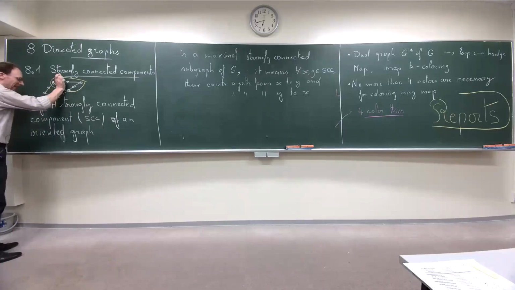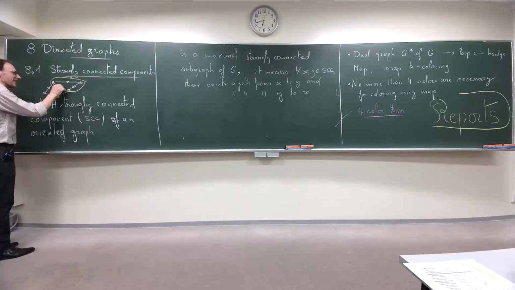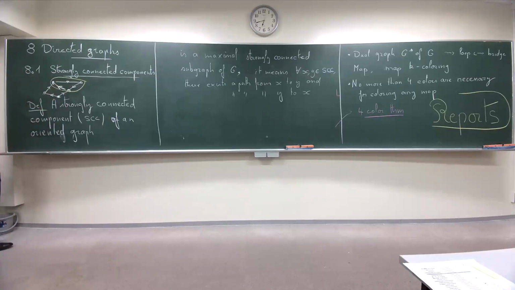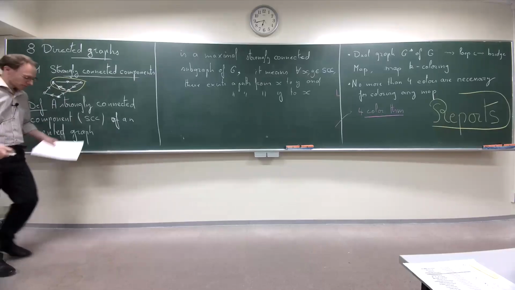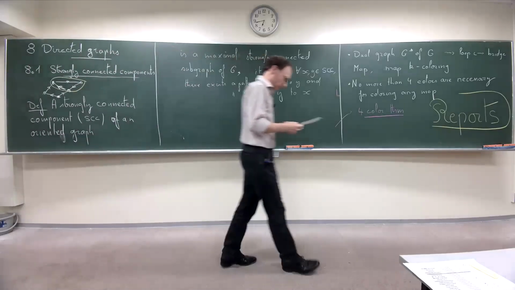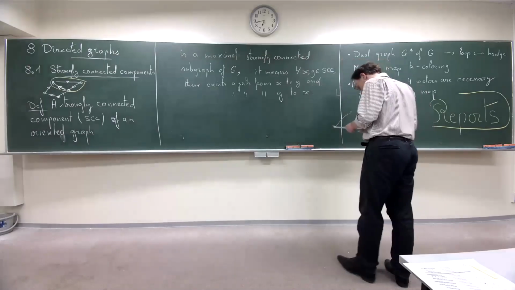Sorry, yes. Now this one is strongly connected. And what does maximal mean? It means you cannot make it bigger. And indeed, I cannot go here. I cannot go here because there is no way to go in both directions. So this is a maximal strongly connected component. Okay. The definition is not so difficult.